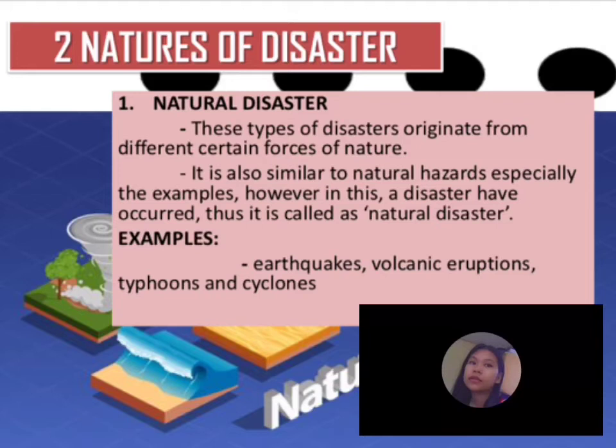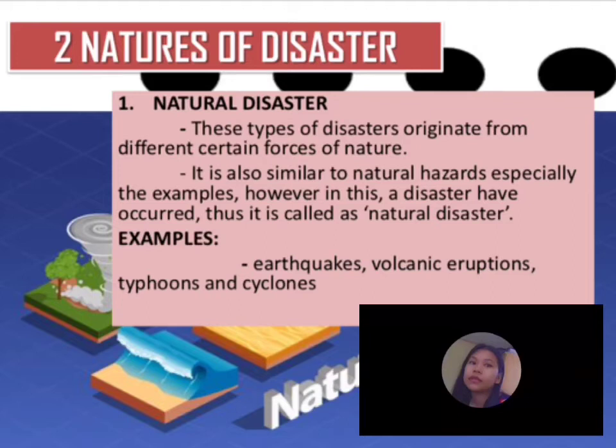It is also similar to natural hazards, especially the examples. However, in this, a disaster have occurred, thus it is called as natural disaster. So, as said earlier, natural disasters are caused by nature. That is why we humans have no control over it.